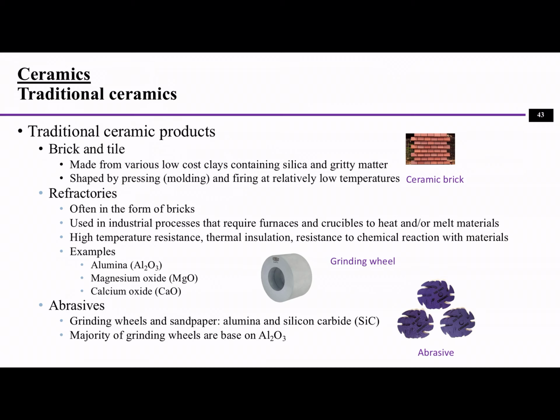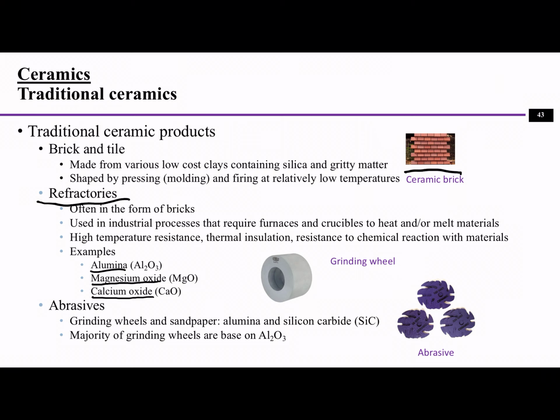Some other ceramic products are, for example, bricks and tiles. There are also refractories, often in the form of bricks, to make furnaces, because furnaces need to tolerate high temperature. Some examples of those ceramic products are alumina, magnesium oxide, and calcium oxide.